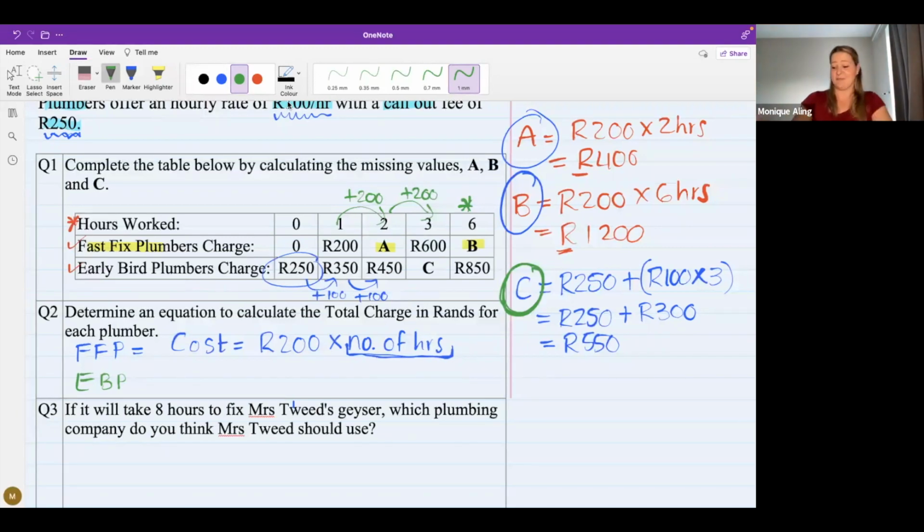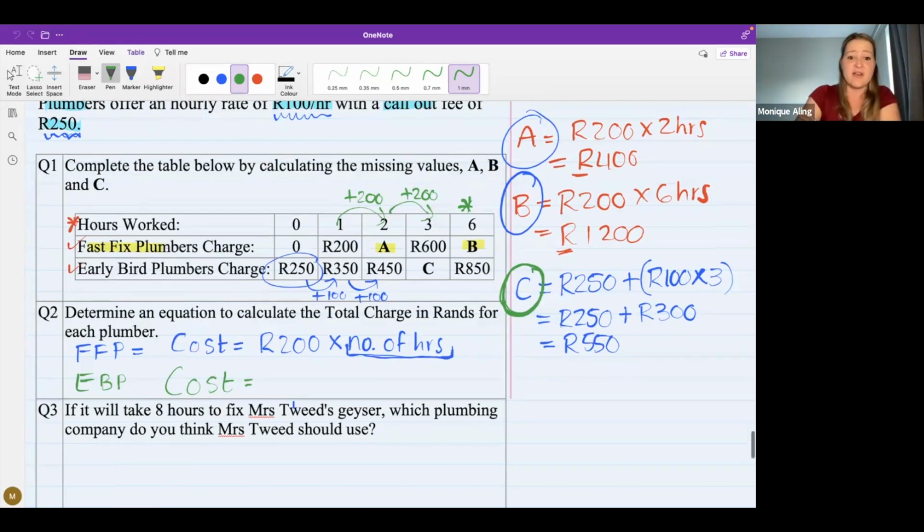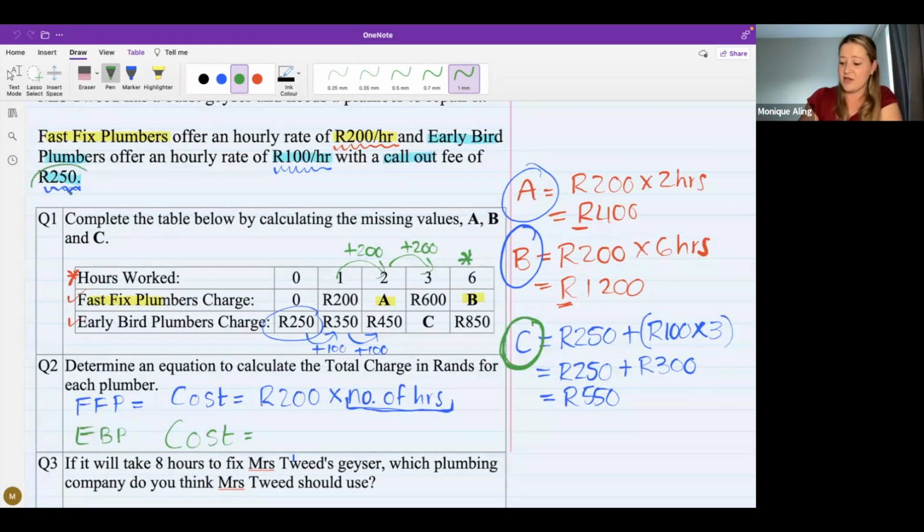So let's do this. If I want to work out the cost of using Early Bird Plumbers, I know straight away, according to my scenario, that they charge 250 Rand up front. Before they even start working on your geyser or whatever you need fixing, they charge you 250 Rand just for arriving.